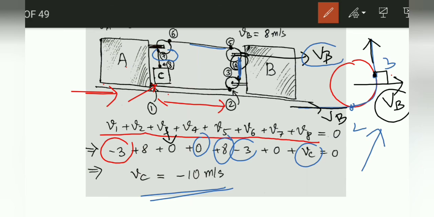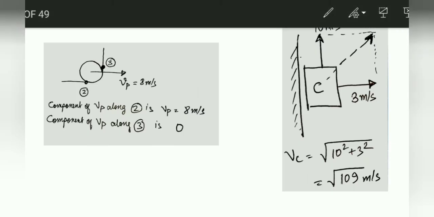But wait, is this the answer? No. See, I have here explained this part. You can note it down, because this is VP. So we have to find the component of VP along 2. That is 8, because this is in line with the direction of the string.